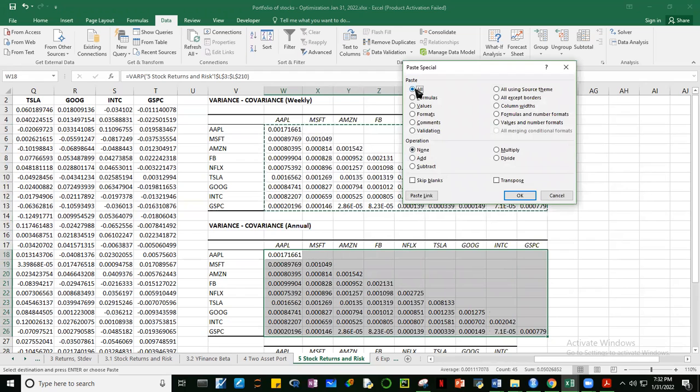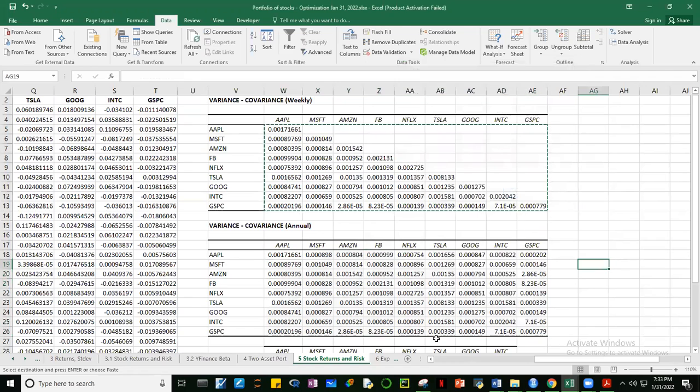We paste the values, skip blanks, meaning it won't convert the blanks, only the cells with content, and transpose, since the bottom and top parts are mirror images.